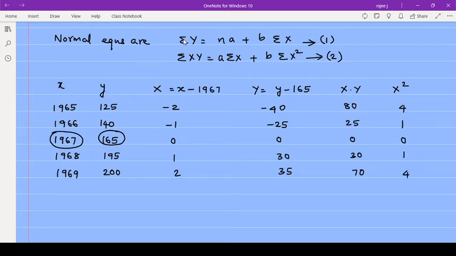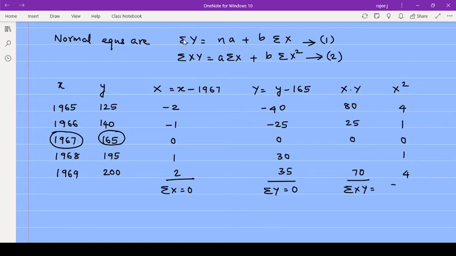Now just find the sums. Summation X is 0. Summation Y is minus 65 plus 65, which is 0. Then summation XY is the addition of these: 80, 25, 0, 30 and 70. Sorry, how much is it?